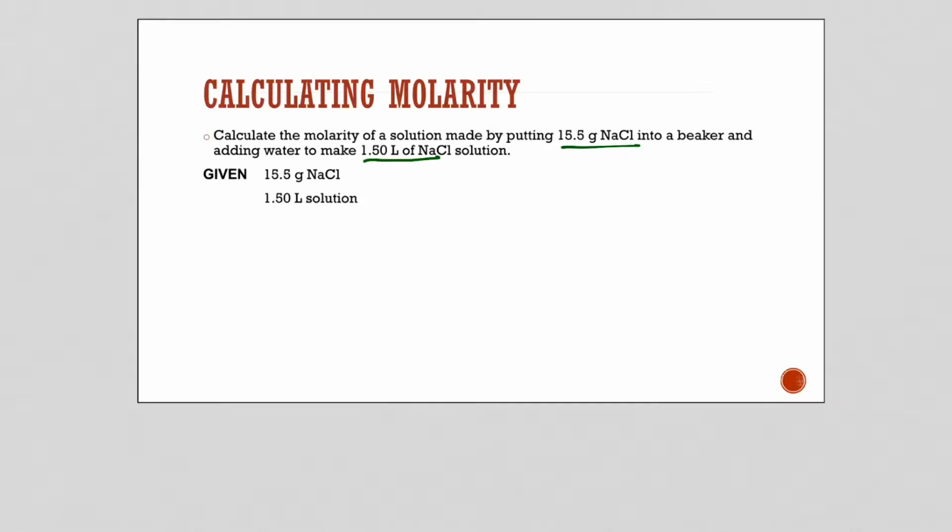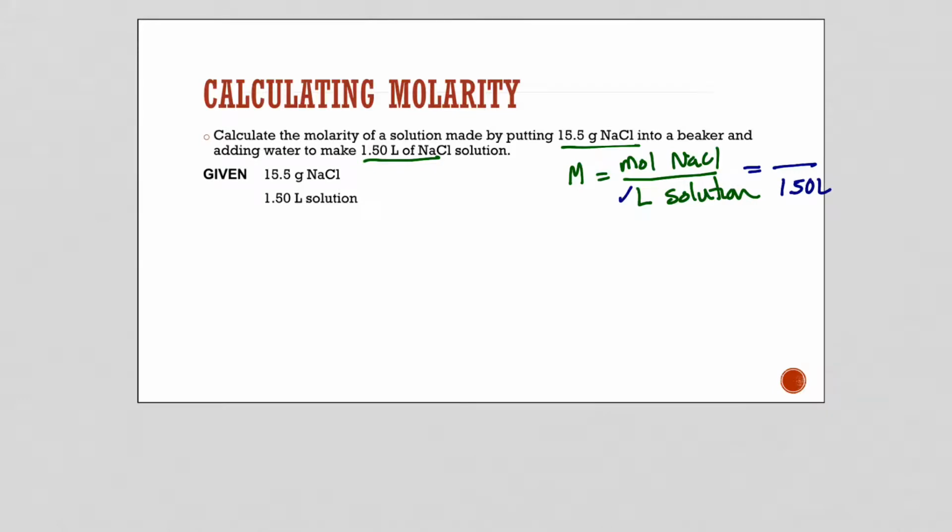So let's remind ourselves that the molarity equals moles of solute, so in this case moles of sodium chloride, divided by liters of solution. So in this case, what do we know? Well, we know the liters of solution. That's 1.5 liters.